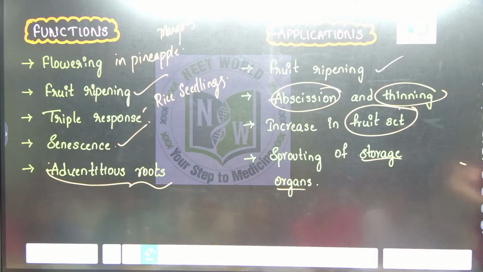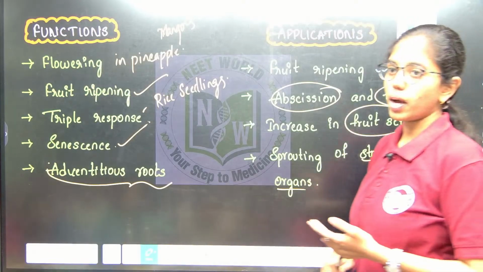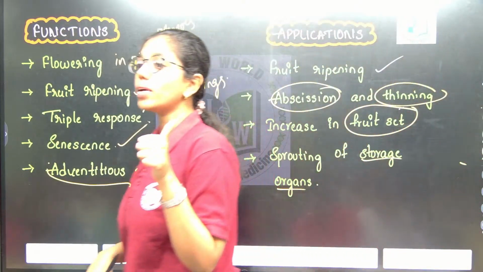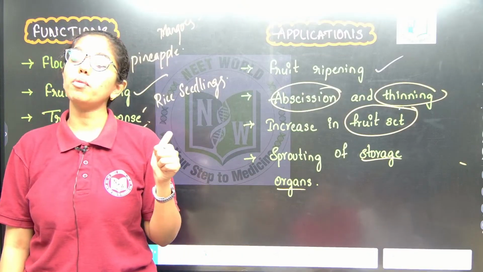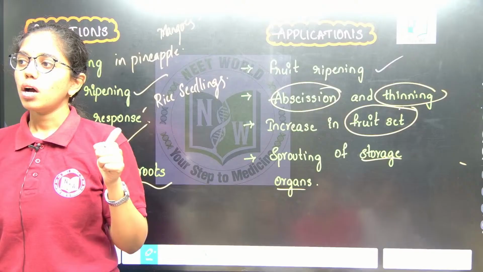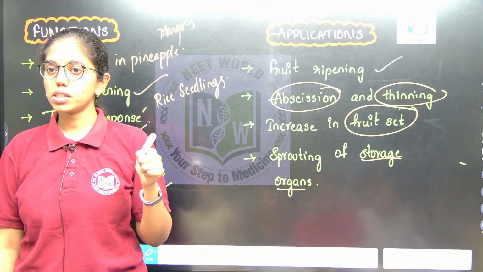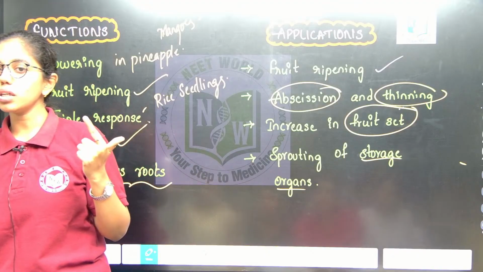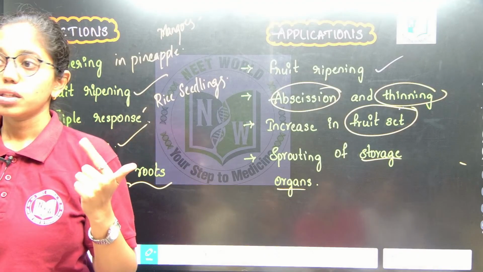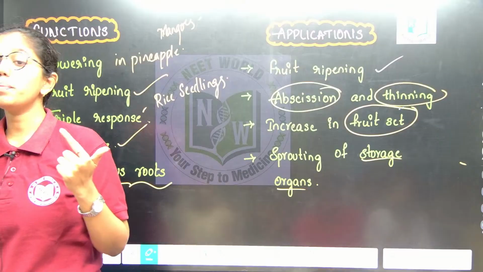Most important synergistic and antagonistic effects you have to remember is first about apical dominance. Two phytohormones are antagonistic. Which promotes apical dominance? Auxins. Which inhibits? Cytokinins. Which promotes seed germination? Gibberellins.